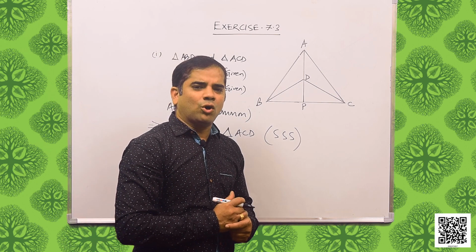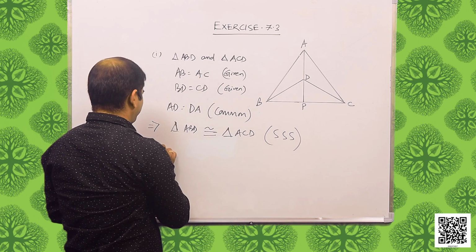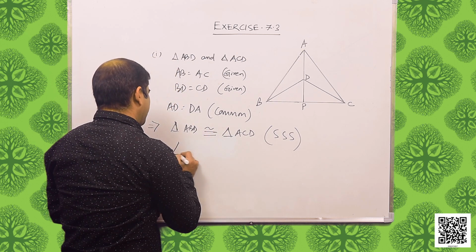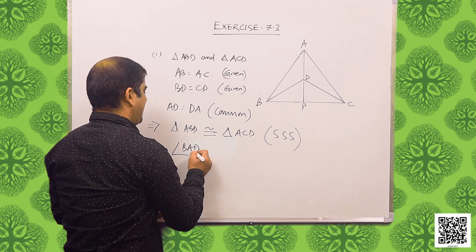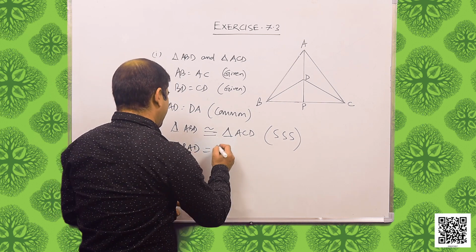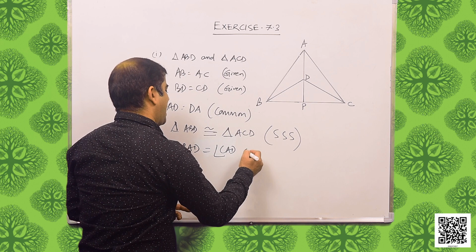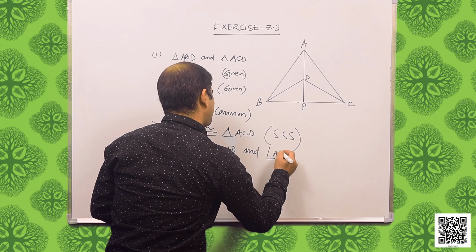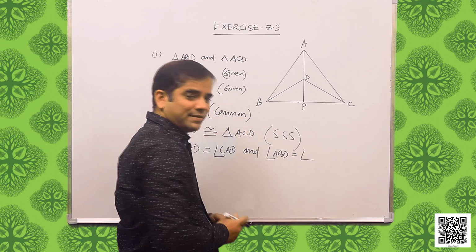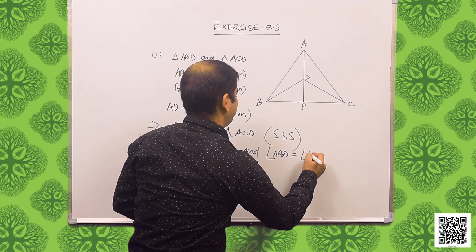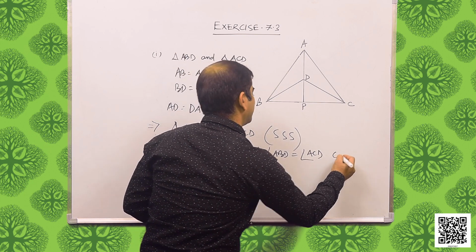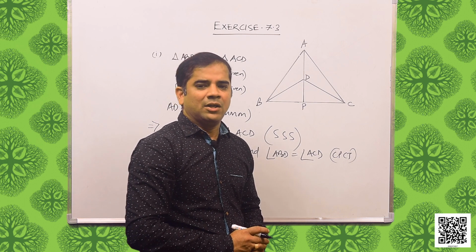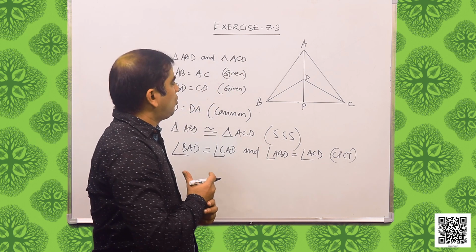Because these two triangles are congruent, angle BAD is equal to angle CAD and angle ABD is equal to angle ACD. Why? Those are corresponding parts. Fine. So, bit 1 is now clear.